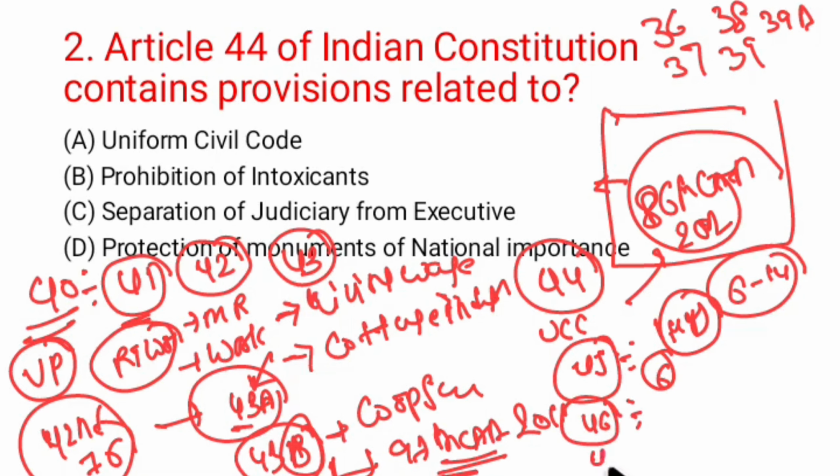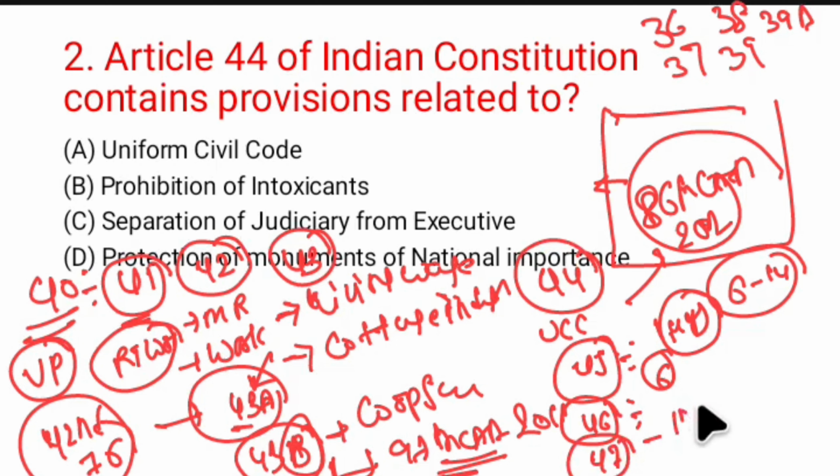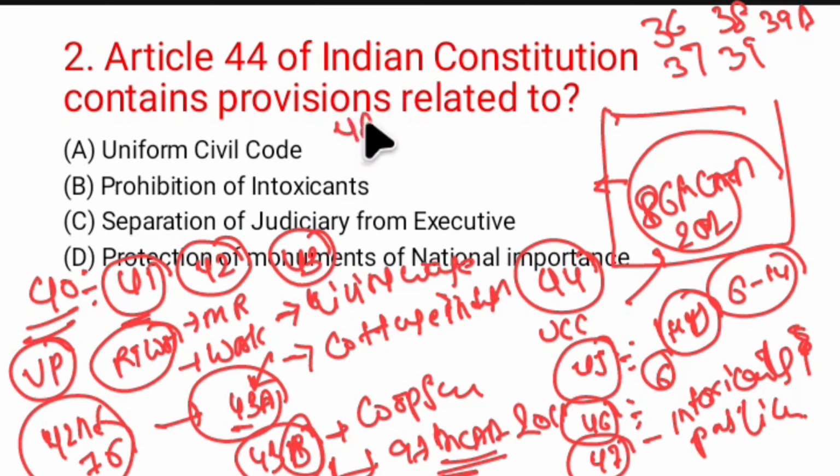And 47 talks about prohibition of intoxicants and protection of public health, and Article 48 talks about protection and promotion of nature, and also preservation of forest and wildlife.